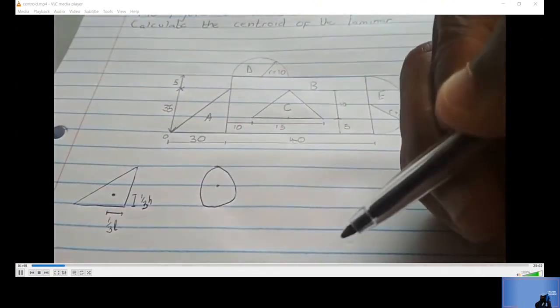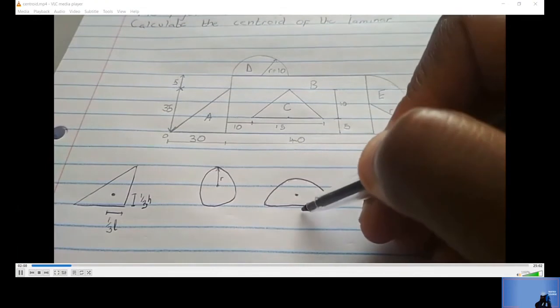And for a circle, we have a circle, centroid is right there, and it's at a distance of r. But for a half circle, it's somewhere there.